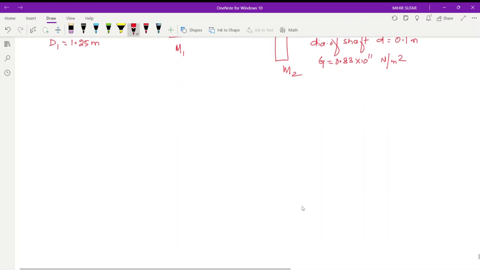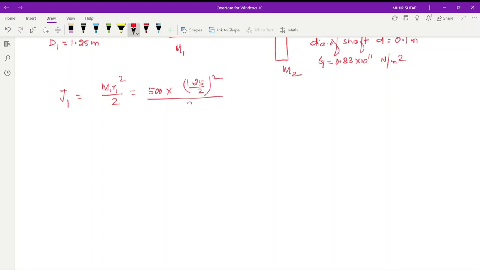Okay. Now we can have the moment of inertia of first this, J1 will be M1 R1 square by 2. So we'll have 500 into 1.25 is the diameter by 2, which is the radius, then square divided by 2. So it will be approximately 97.65, or we'll take this as 98 kg meter square.